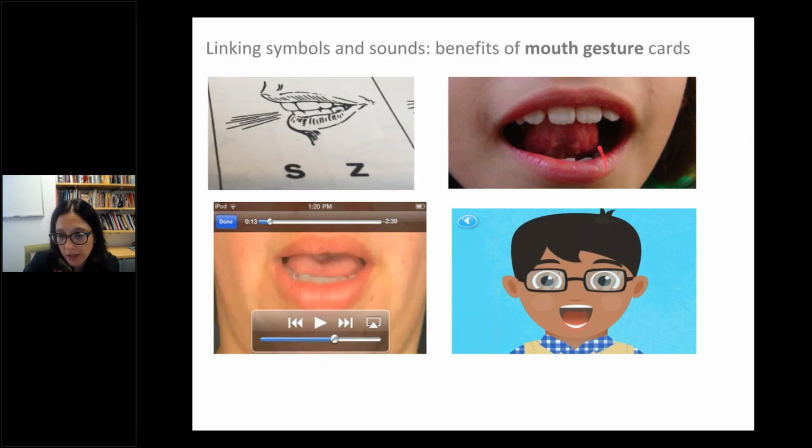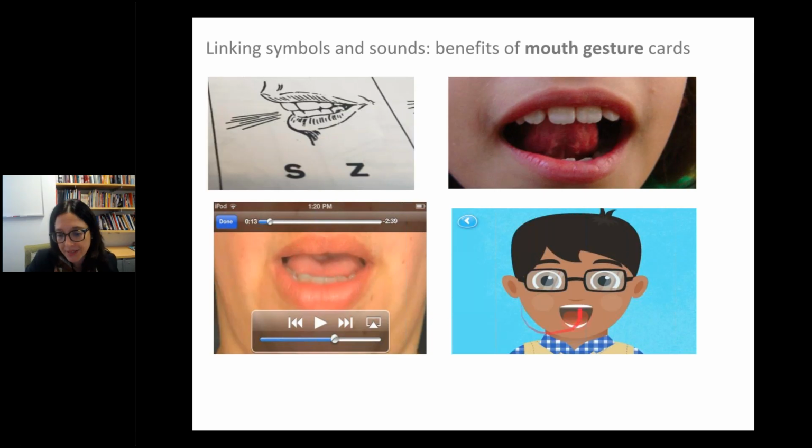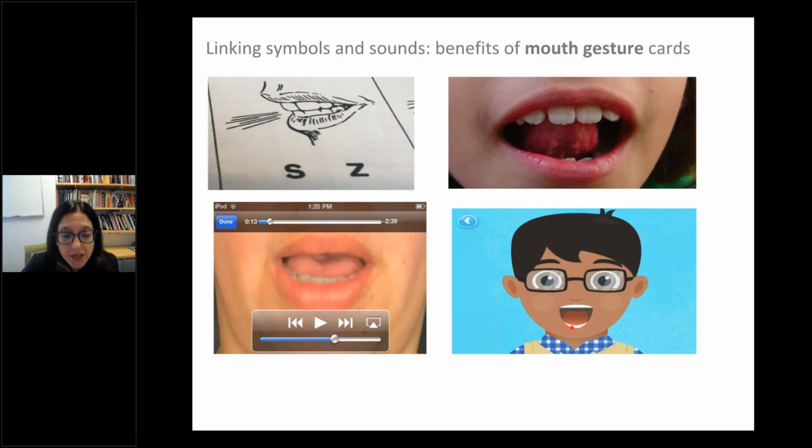This is from a classroom that I worked in where the kids decided that they wanted to make their own mouth gesture cards. This is from a digital program that actually has kids being able to click and play and hear the sounds while they're watching a mouth make it. And this is an animation, which is not as strong because it can't be as subtle with mouth gestures.